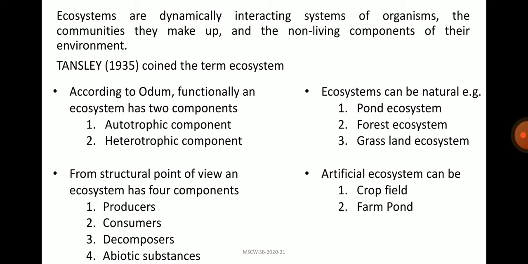The natural ecosystems are aquatic ecosystems and terrestrial ecosystems, wherein the aquatic ecosystems comprise freshwater ecosystems like pond ecosystem and marine ecosystem, whereas the terrestrial ecosystem comprises the grassland ecosystem, the forest ecosystem, mountains, caves, trees, etc. The artificial ecosystems can be the crop field or farm ponds.